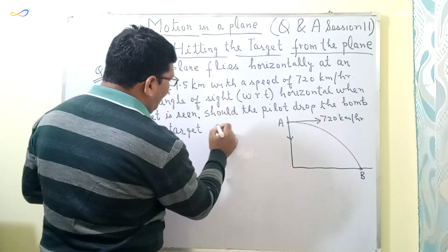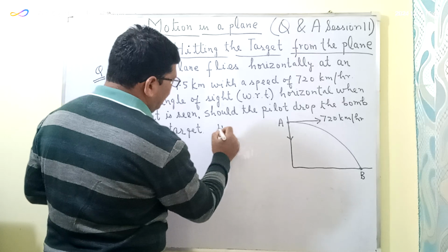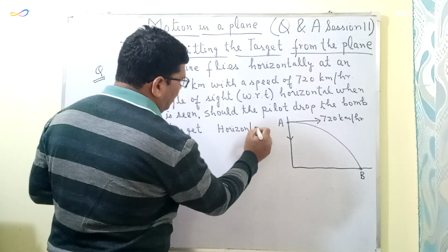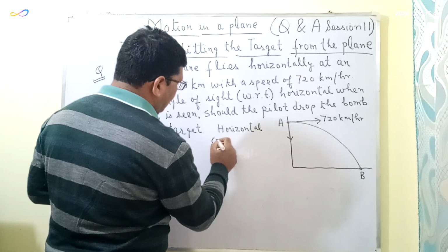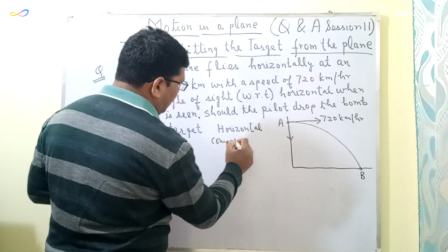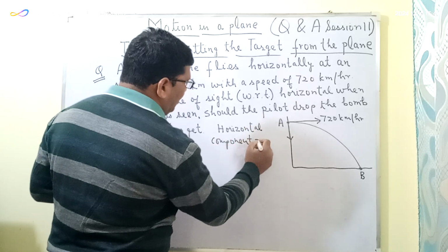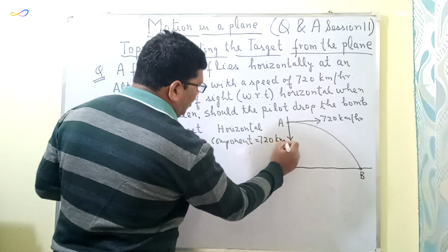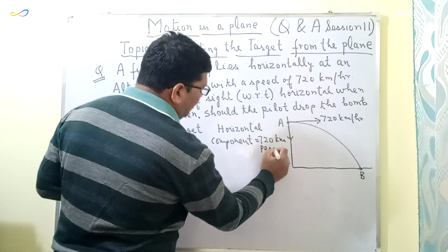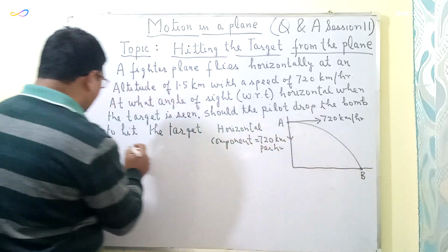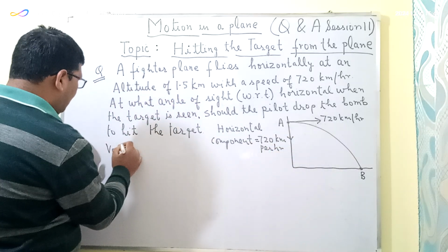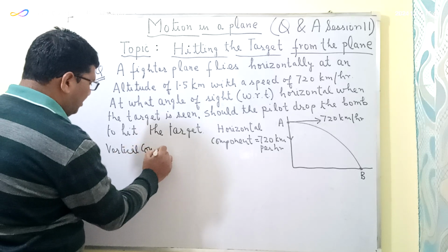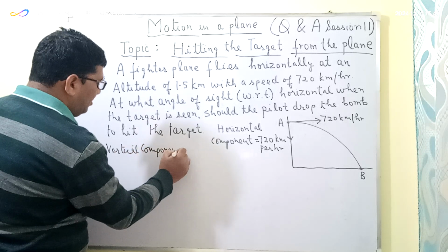So its horizontal component of velocity will be equal to 720 km per hour, and its vertical component will be equal to 0.